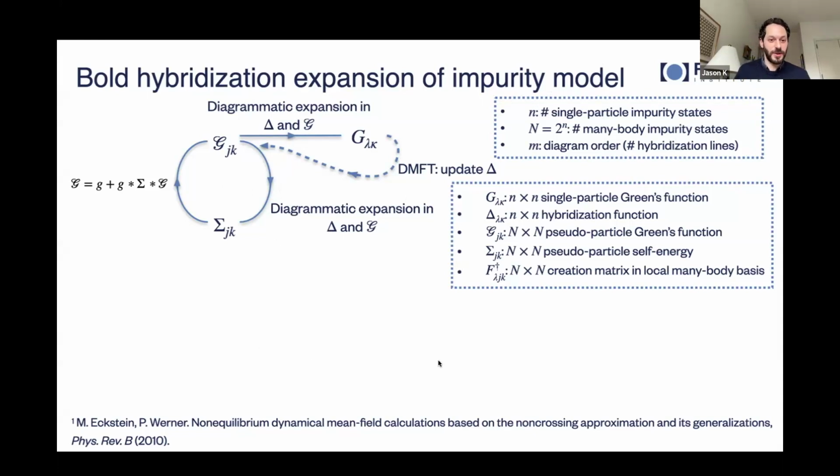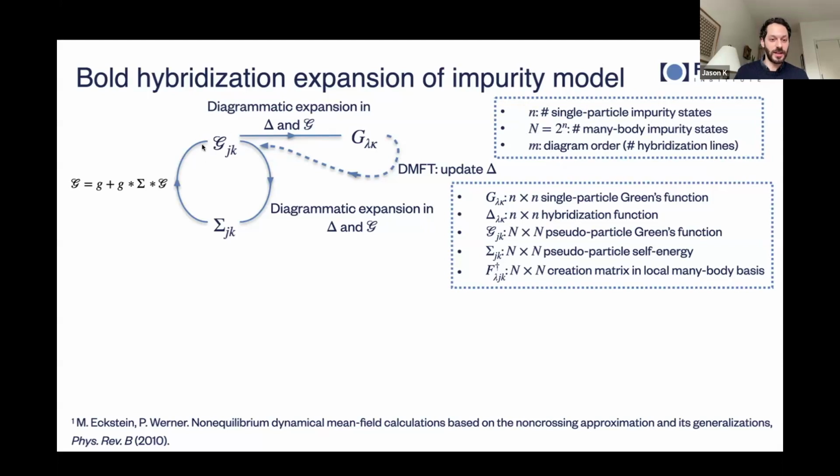So basically in this framework, this is called a pseudo-particle formalism. We have these objects called the pseudo-particle Green's function and the pseudo-particle self-energy. These are Green's function and self-energy in the many-body space in the impurity. So if we have little n single particle states in our impurity, then we call capital N the number of many-body states in the impurity, which is just 2 to the little n.